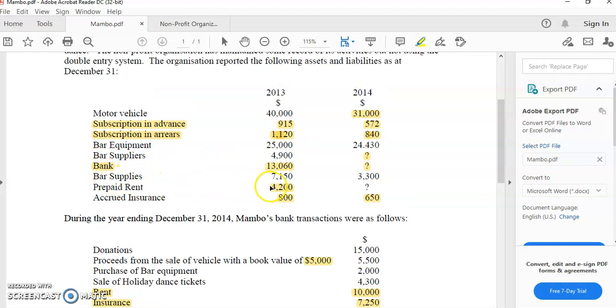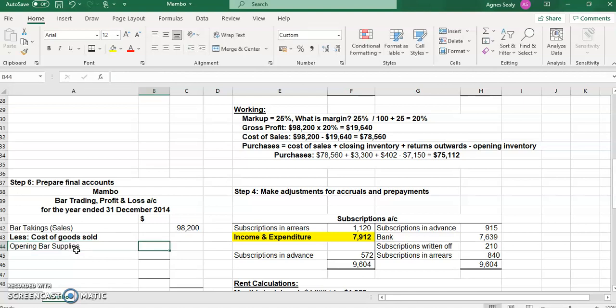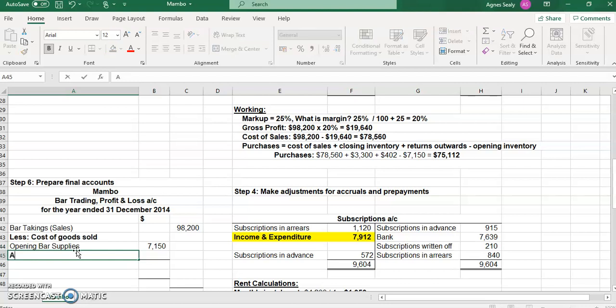Bar supplies are $7,150. So that is also known as bar inventory. So opening bar supplies, and that is $7,150. To that we are going to add our bar purchases.